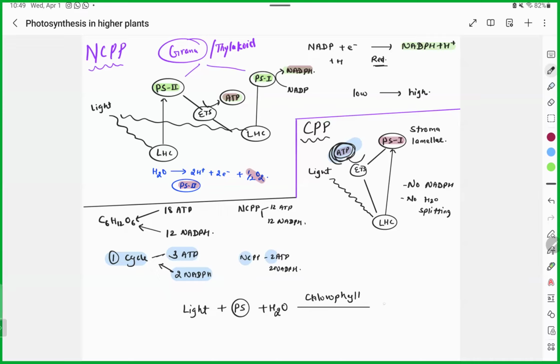What will happen? There will be production of ATP, NADPH, oxygen, and hydrogen. These hydrogen ions are really crucial for ATP formation, correct? But hydrogen will not be there in the final reaction. It will be an intermediate. We'll study it in the chemiosmotic hypothesis.